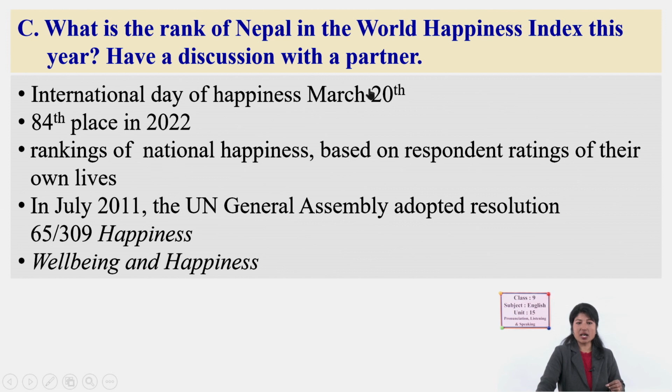Ranking is done about national happiness based on the respondents' ratings of their own lives, how happy they are or not. This idea was adopted in July 2011 by the UN General Assembly.